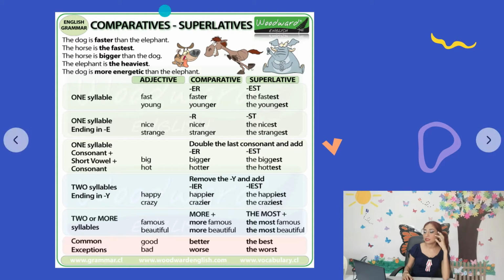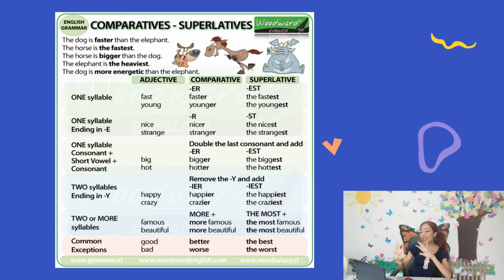For example, as you can see here, we have: the dog is faster than an elephant. So we are comparing the dog with the elephant, so it is a comparative. Now we say the horse is the fastest.